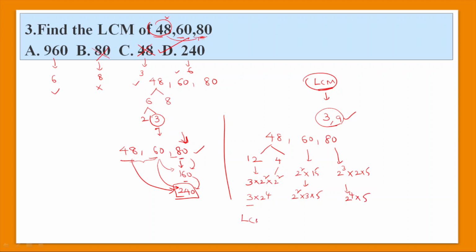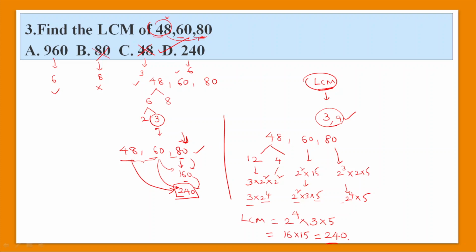So you can find the LCM as follows. Among 2 power 4, 2 square and 2 power 4, what will be the highest? The highest value will be 2 power 4 here. Among 3 and 3, the highest is 3. Among 5 and 5, the highest value is 5 only. So 2 power 4 is 16, and 16 into 15 will be equal to 240.